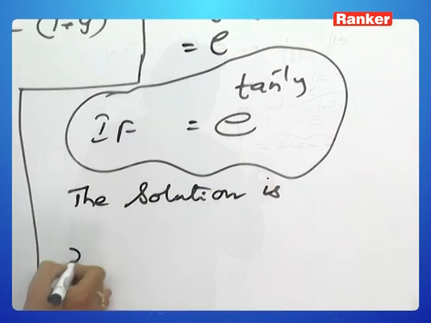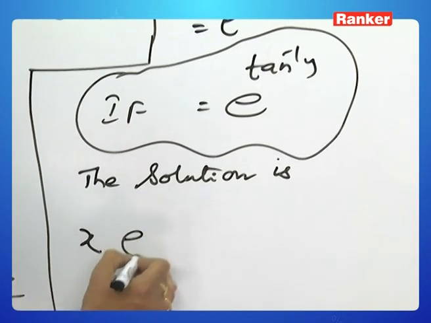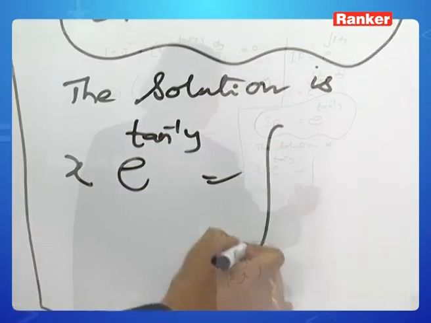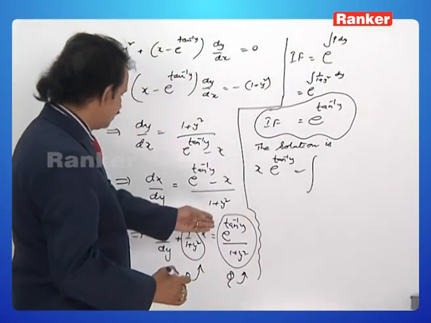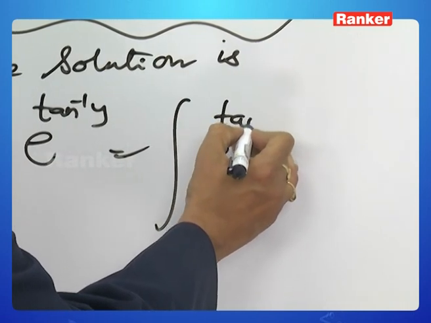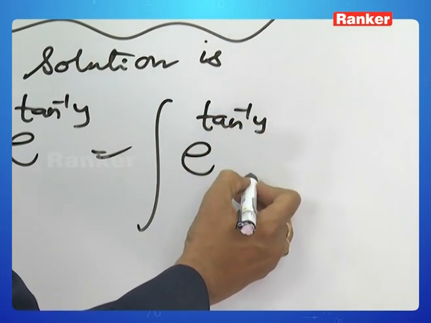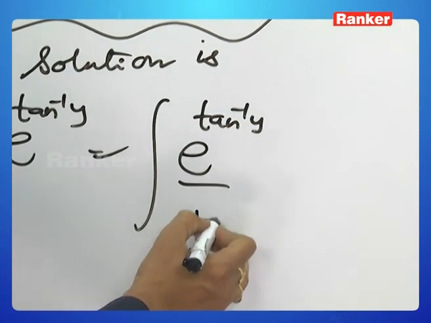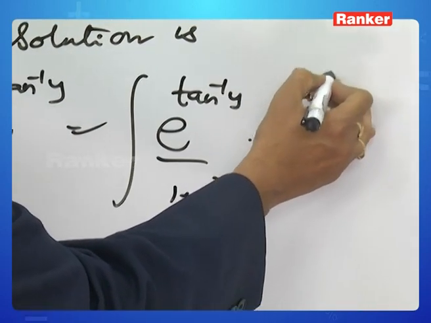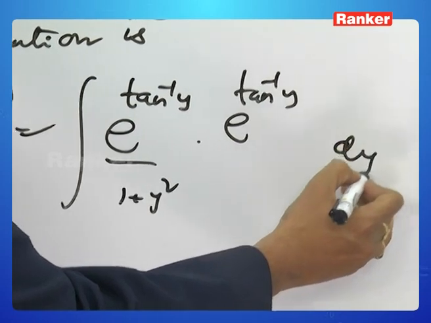X into IF, which is e power tan inverse y, is equal to integral of Q into IF. What is Q? E power tan inverse y by 1 plus y square, into e power tan inverse y dy.